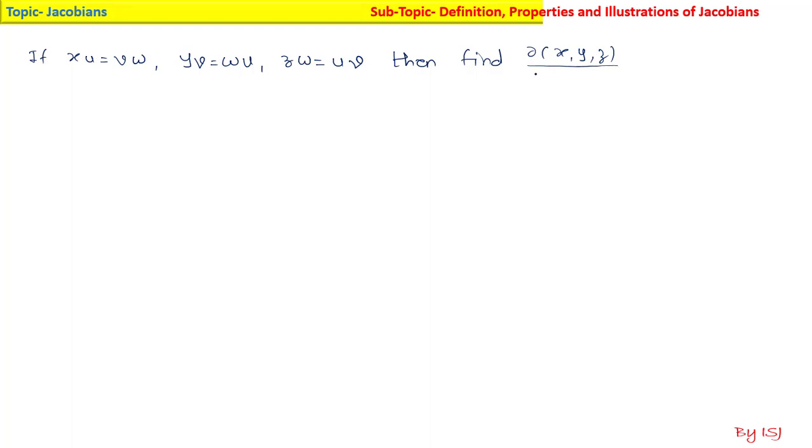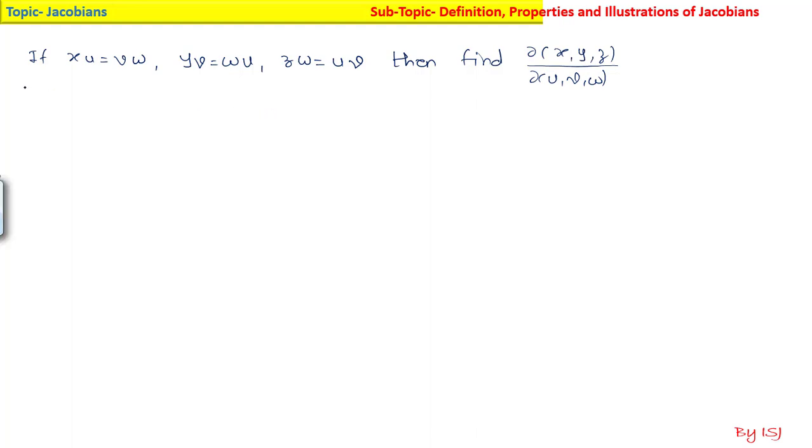If xu = vw, yv = wu, and zw = uv, then find ∂(x,y,z)/∂(u,v,w).